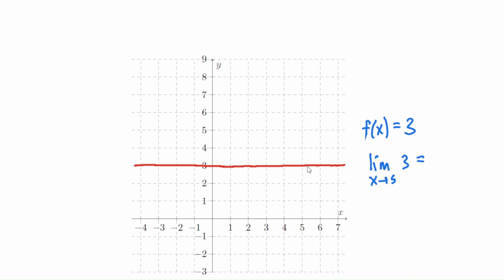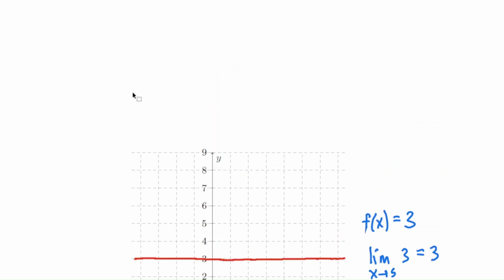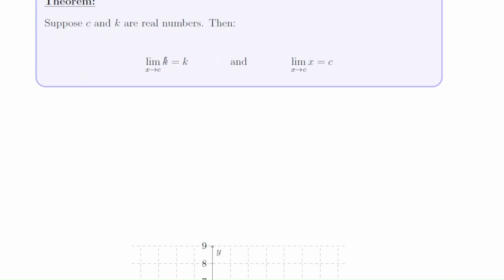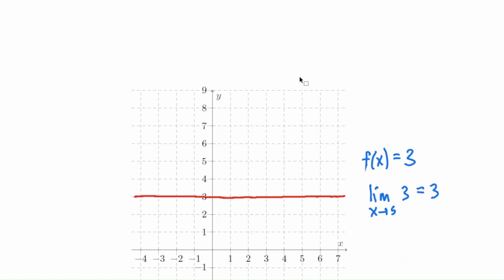It's not even just close to 3, it's actually equal to 3. So if we plug in values of x that are close to 5, we're going to get outputs that are obviously close to 3, right? Because it's just a constant. So this would be equal to 3. And that's exactly what that first thing said here. Limit as x approaches 5 of 3 is 3.